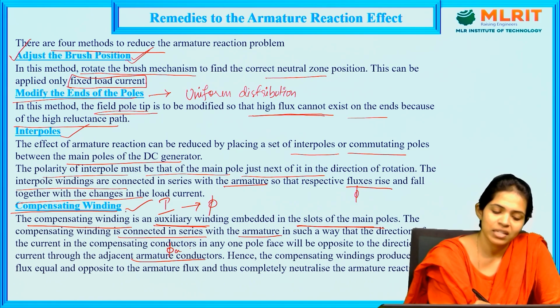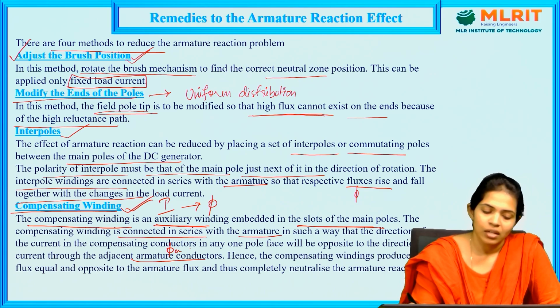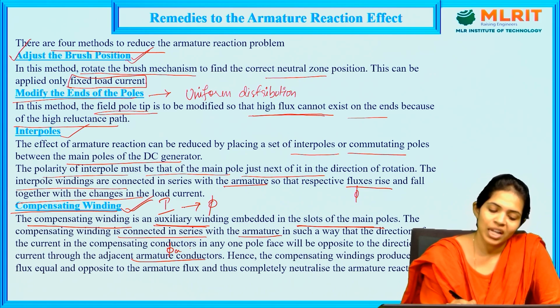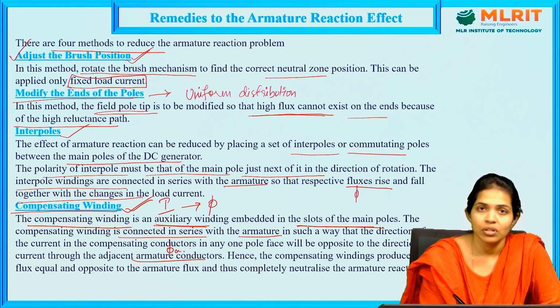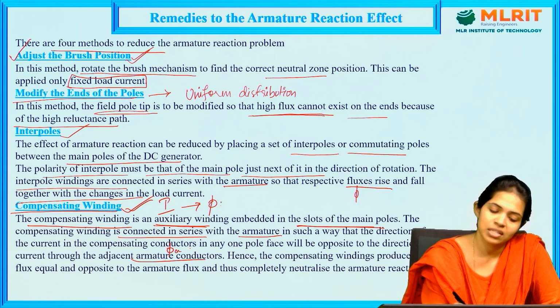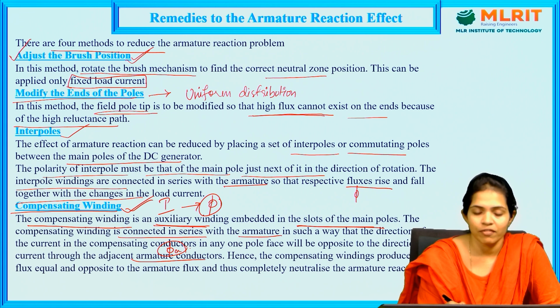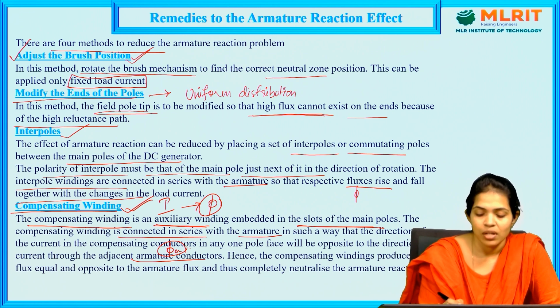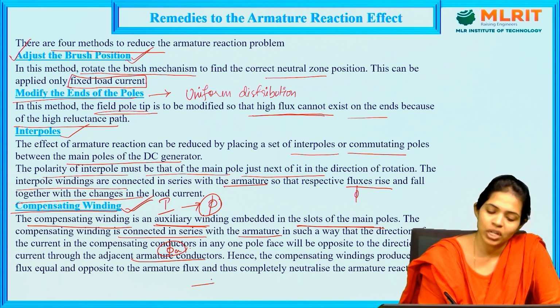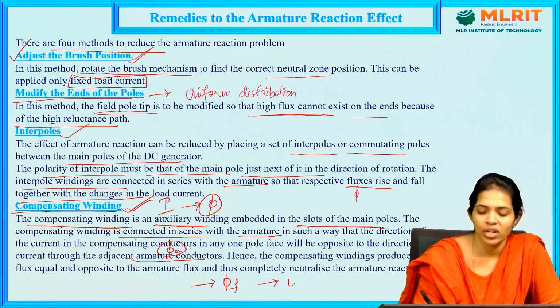So by placing these compensating windings, we can neutralize the effect of armature reaction, such that this flux will neutralize the cross magnetizing and demagnetizing effect of the armature flux, and there is no reduction in the main field flux, and thus no reduction in the EMF generated by the generator.